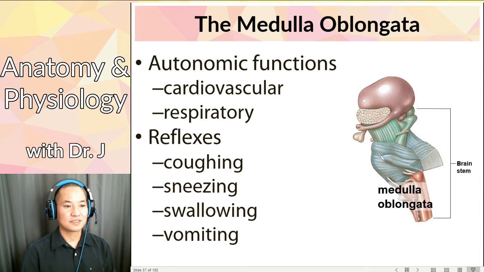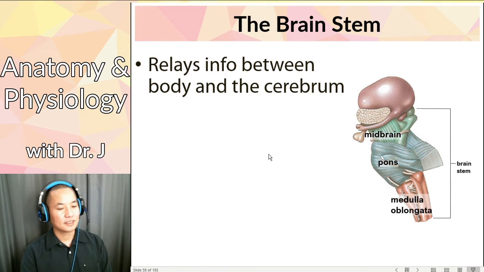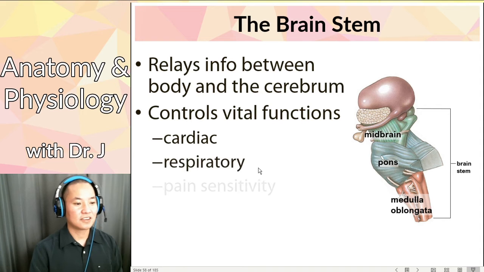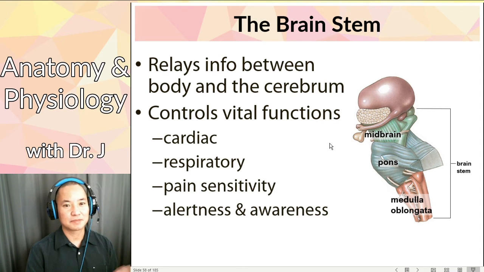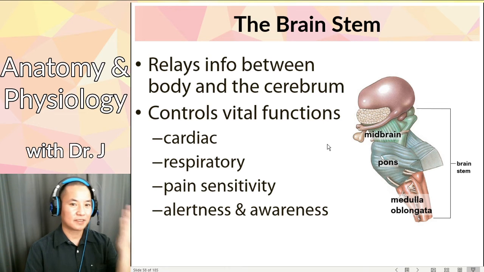The medulla oblongata controls all of these reflexes. Remember how I said that all these vital functions are controlled by the brainstem. And again, this is why the brainstem is protected by the cerebrum from the front, protected by all these facial bones. This is why you want to really protect your brainstem, because it controls all of these things you need to live.